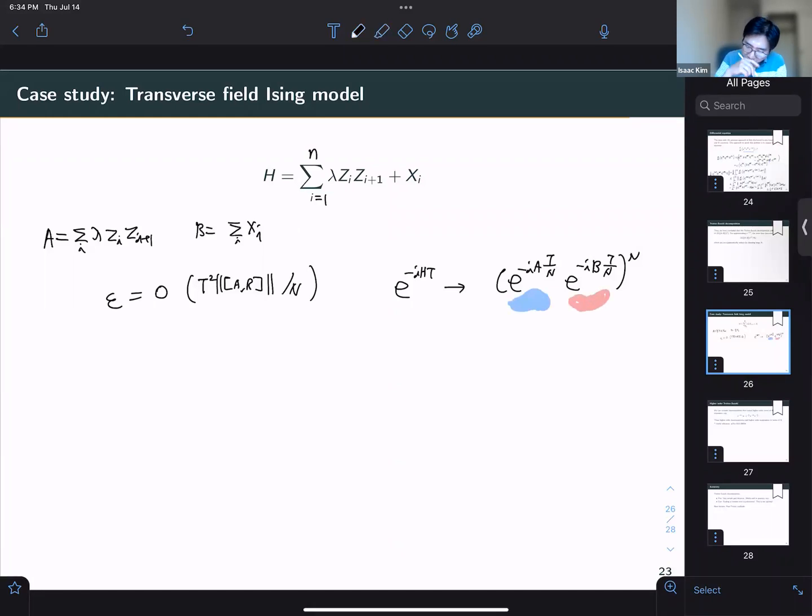Well, A is simply a sum of commuting terms, so A can be decomposed very straightforwardly. So e to the minus iAt would look like this.